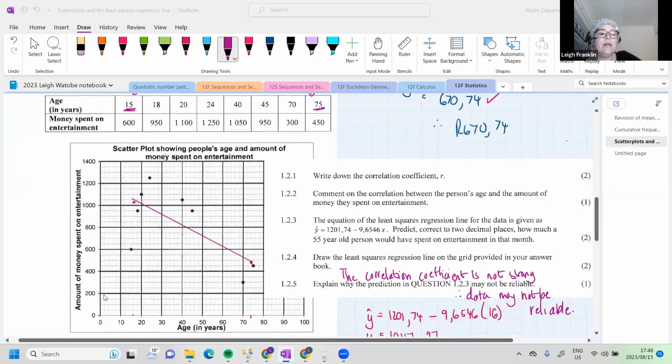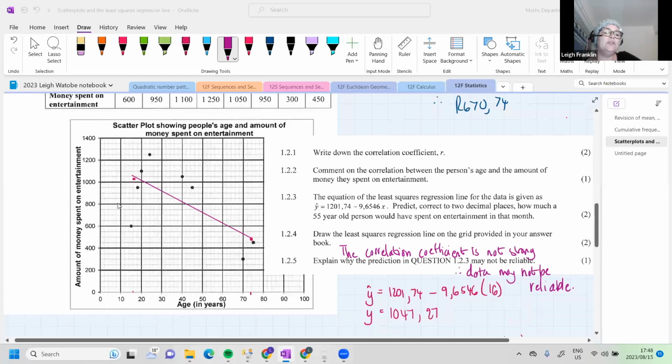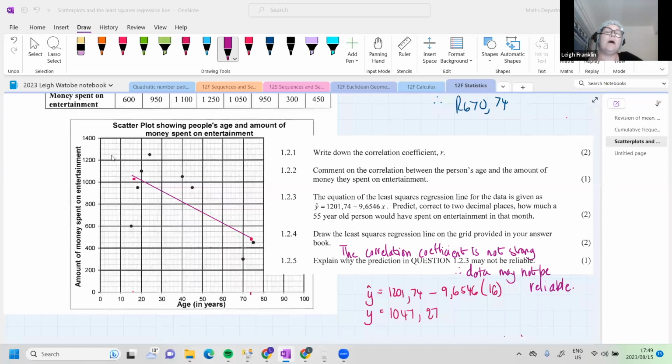Whereas here they're comparing someone's age to how much money they spent on entertainment. We're not expecting X and Y to be as closely related. It's like if I take your shoe size and relate it to your IQ. We're not expecting those two things to be closely related, whereas your trials exam and your final exam, we are expecting them to be closely related.